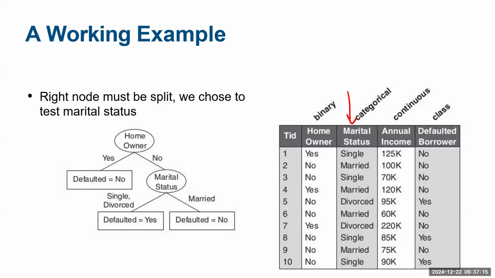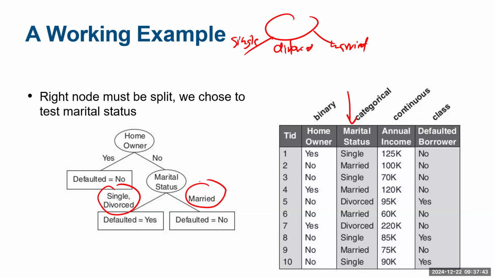The way that you split a category, you can split one by one: single, divorced, and married. That's perfectly fine. Or you can group them and split into two sides.